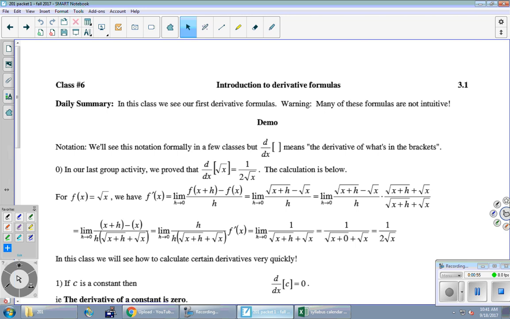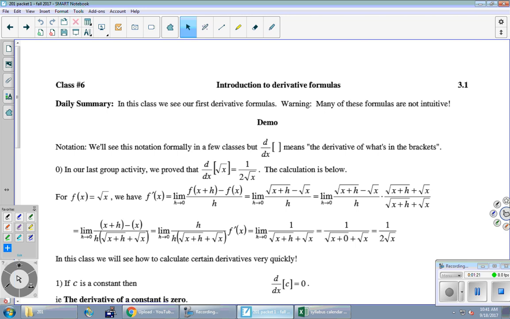Oh, before I get there, one quick announcement. I think I had mentioned, maybe I haven't, in the back of your packet, there's a collection of sample test problems, hopefully preparing us for the first test, which is still a ways away. In your packet itself, there's an answer key for those sample test problems. Up on Moodle, there's a full color set of solutions to those problems, step-by-step all the way worked out.